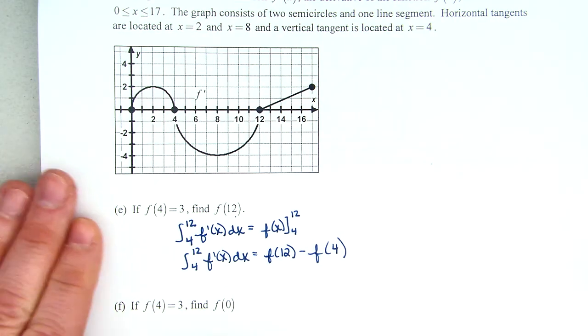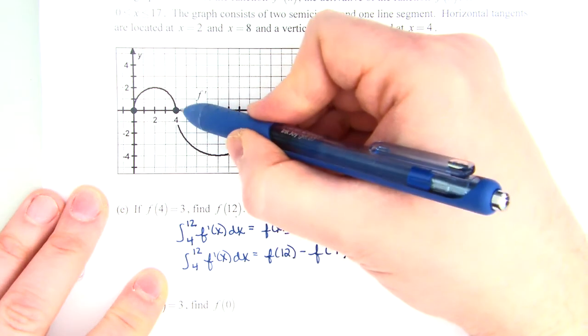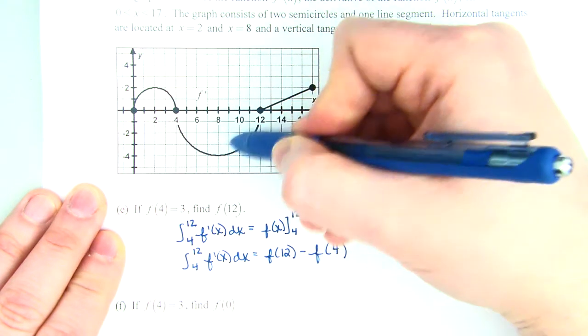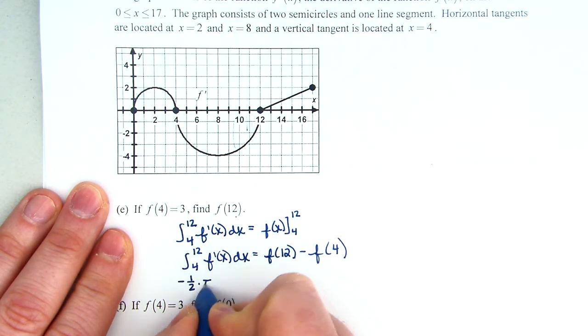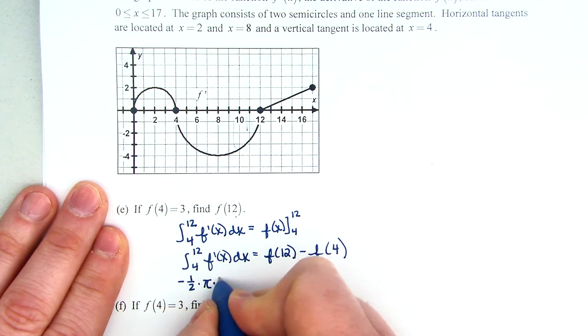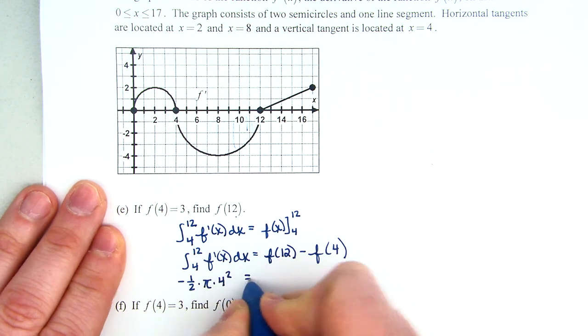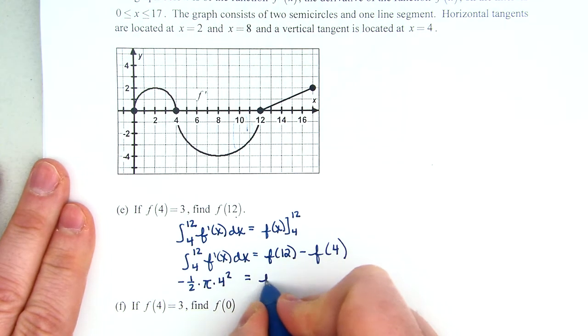Now, what is the integral from 4 to 12 of f prime of x dx? You're going to go do a signed area thing. I'm below the x-axis, so I'm going to do negative 1/2 times pi times, let's see here, it looks like my radius is 4, so 4 squared. f of 12, that's the thing I'm looking for.